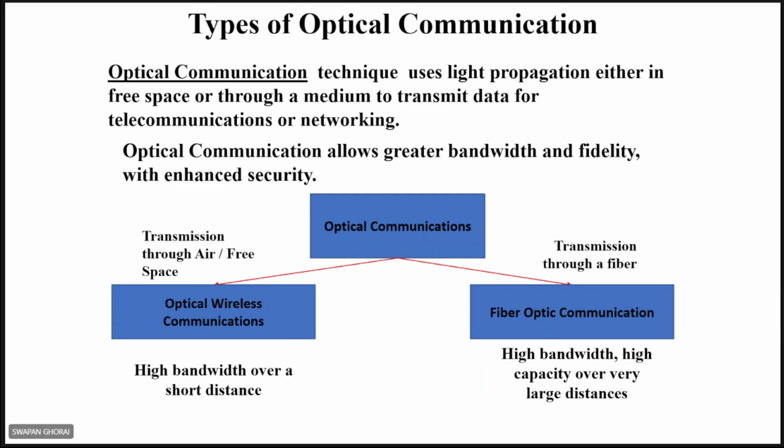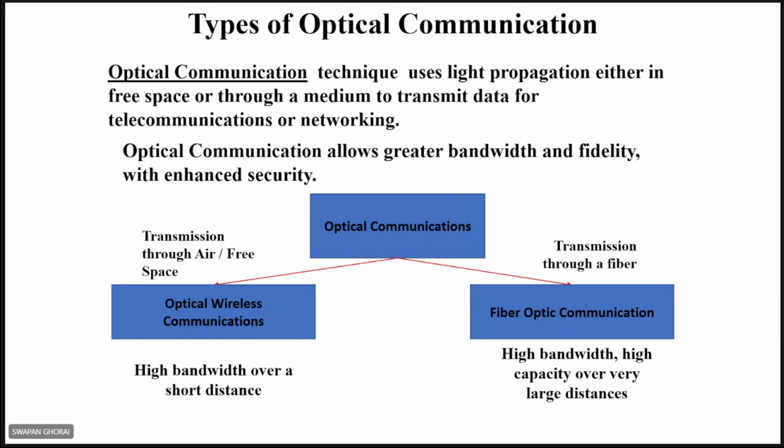Optical wireless communication, of course, is not for very long distance systems. It is maybe for building to building, within buildings, within malls. Suppose in a mall, 100 computers are connected. Then they can exchange information at very high speed through optical wireless, right?